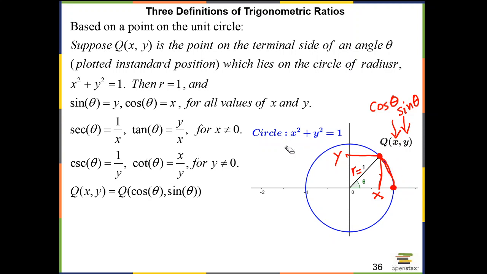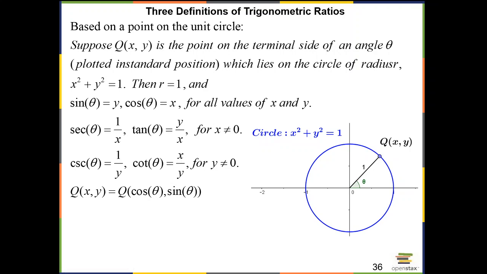And now we have the advantage of angles actually being real numbers. Plus, we liberated theta, the angle, from the triangle. So now we can make any angle, positive or negative, we can think of them as real numbers, and we have all 6 ratios. Okay, that's the third definition.